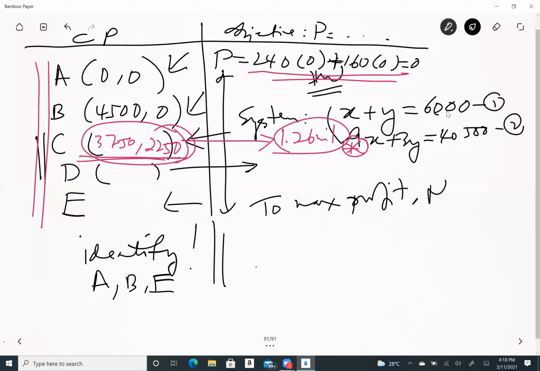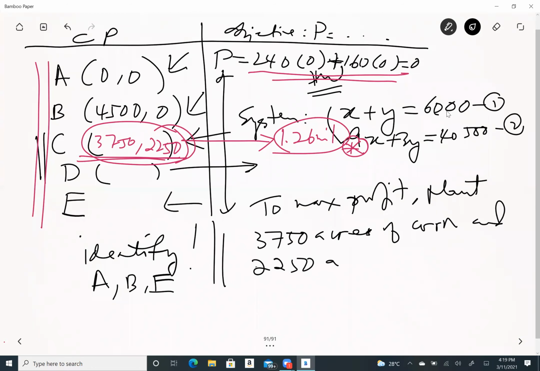I have to plant 3750 acres of corn and 2250 acres of soybean.